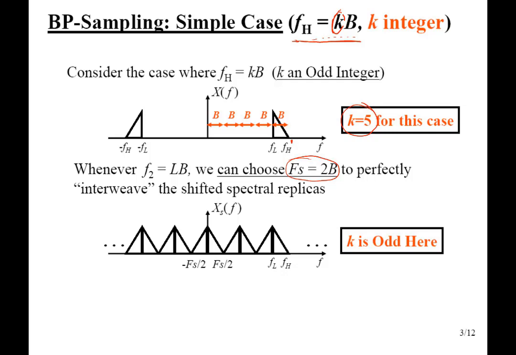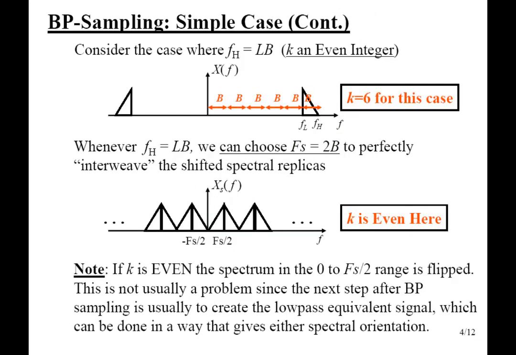We select this criterion for the sampling, and if we sample at this sampling rate, then by using the same technique just discussed earlier, you can see that the actual copies of the passband signal are now located at the baseband in the form of a low pass equivalent. And if K is an even integer, like for this example, if K is equal to 6, then FH is equal to 6 times B.